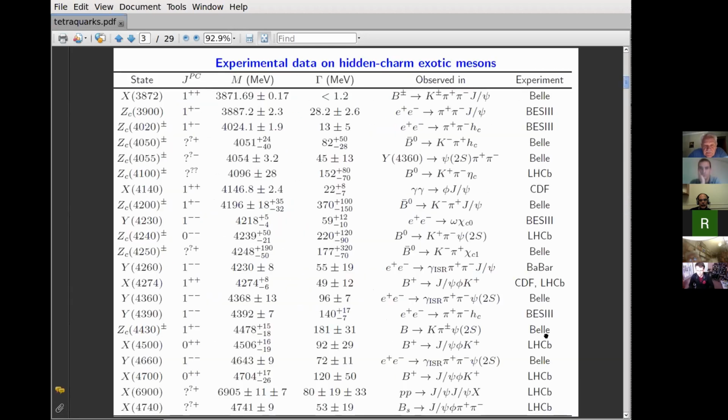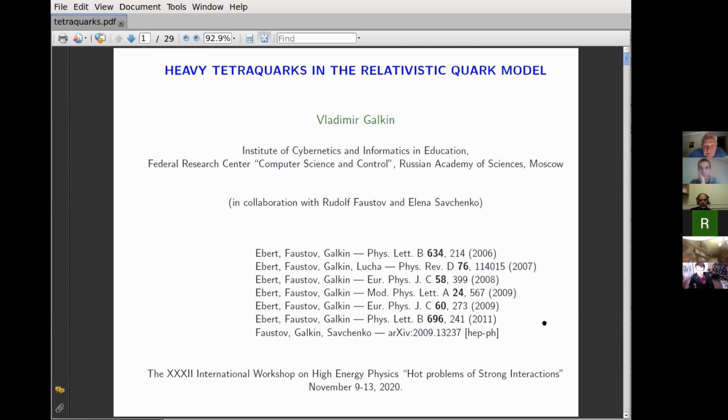No, there is no problem in considering light tetraquarks. As I already said on the beginning slide, we also considered light tetraquarks in our approach and calculated their spectra. I think it's published in this paper, and there is good agreement.